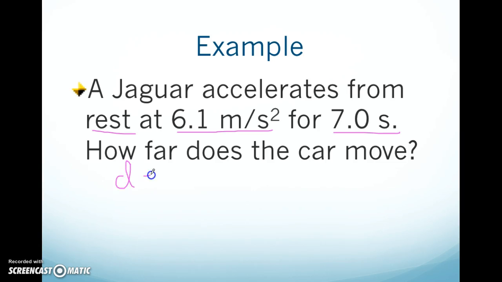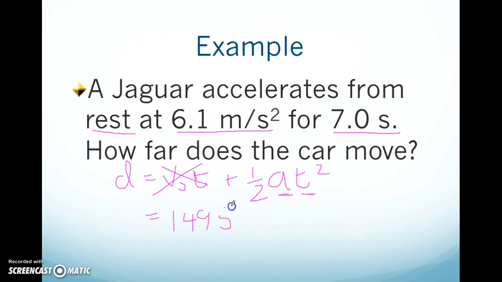So I'm going to use d equals v0 t plus 1/2 a t squared. The v0 here is 0, so I can eliminate that. And so if I plug the numbers in of 6.1 and 7 and square the 7, I end up with 149.5. And so we will continue these notes in class.